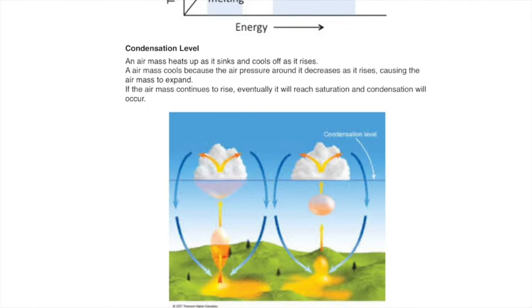So as that air that has water in it is rising higher, the sponge is getting smaller, smaller, smaller. Eventually, that amount of water that it's holding becomes 100%. As soon as it becomes 100%, that's called condensation, and you will see a cloud.